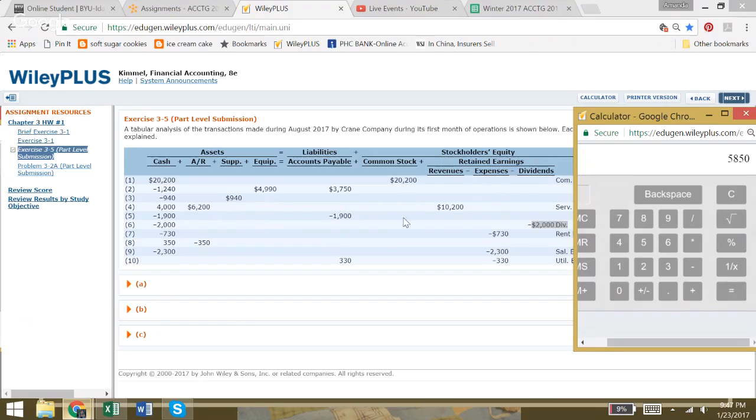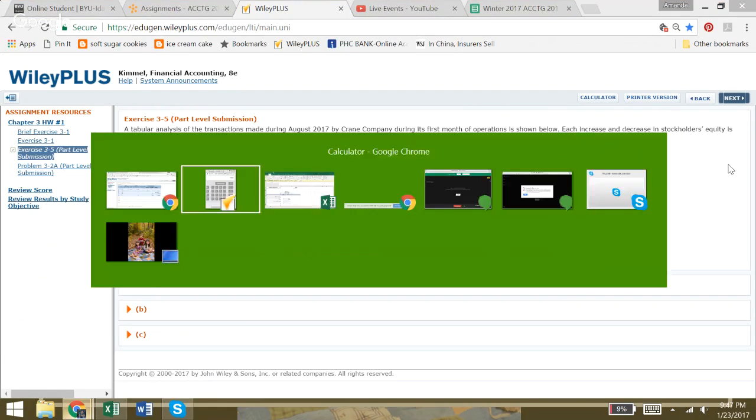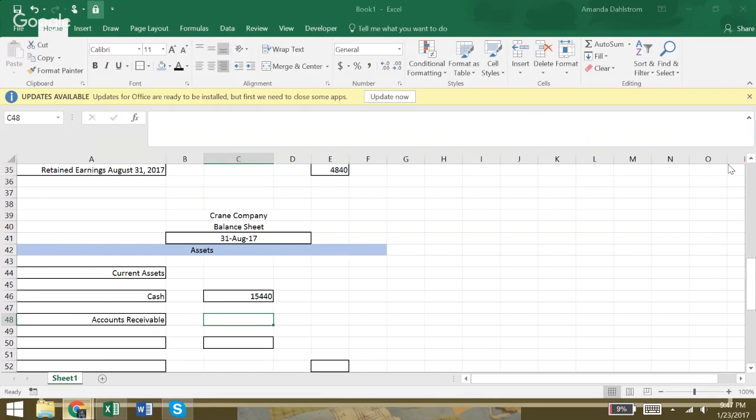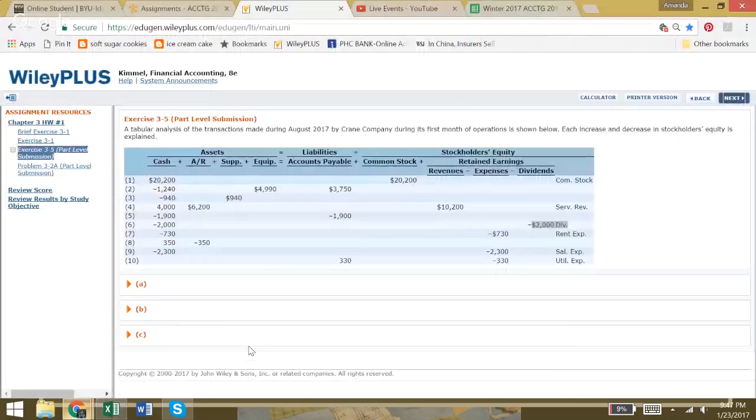And that gives us 5,850 for our accounts receivable. Finally, our least liquid current asset would be supplies. And here we see that we do have supplies of $940.